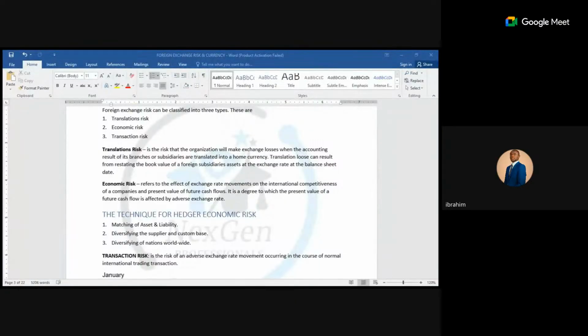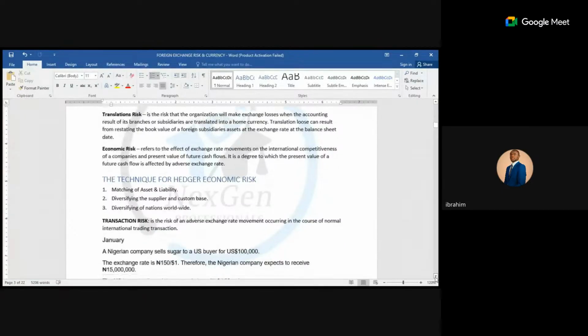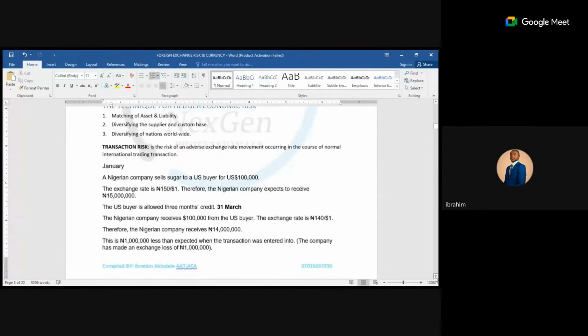Finally, before we go, we have an illustration. A Nigerian company sells sugar to a US buyer. Class, please listen.